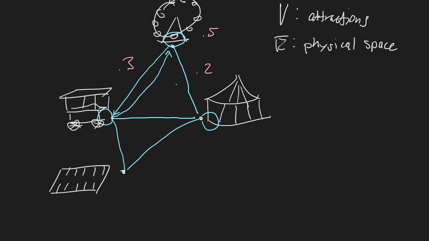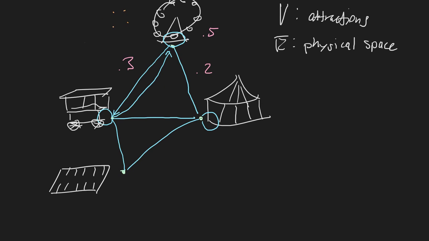Now, how do we use this model to simulate visitors? Well, the way we go about that is we first initialize some number n of visitors just randomly across our carnival, just uniform distribution.